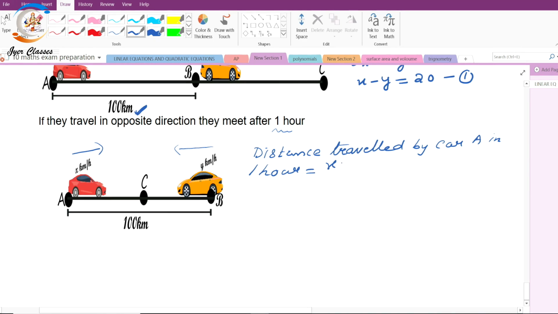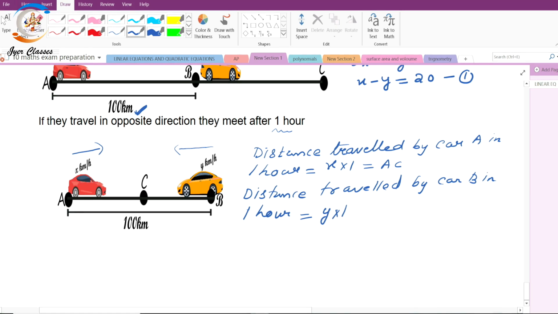That is equal to x into 1, and that distance is equal to how much? That is AC. Now what is the distance traveled by car B, again that is 1 hour. Distance निकालना है तो speed into time. तो speed कितनी है तुम्हारे पास y और time कितना है 1 hour. So it is equal to y into 1, and that is equal to BC.